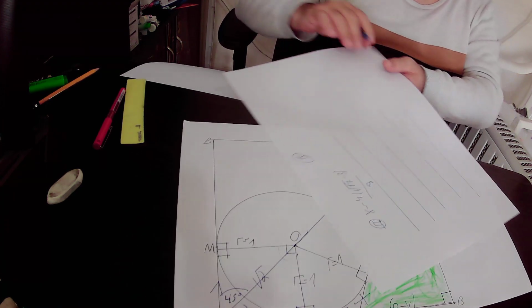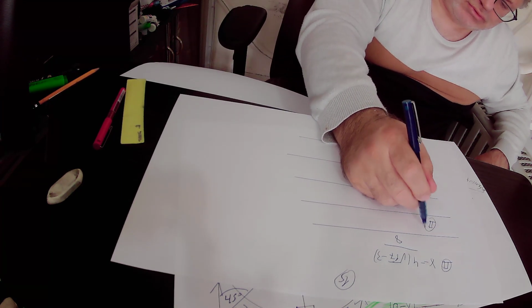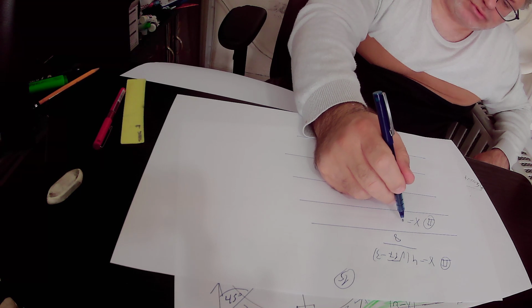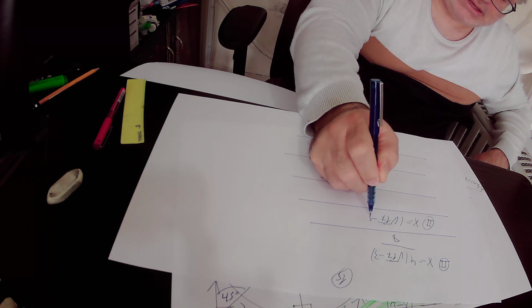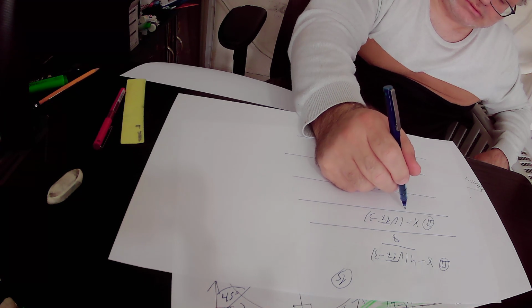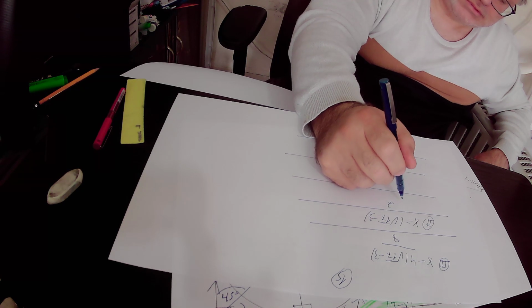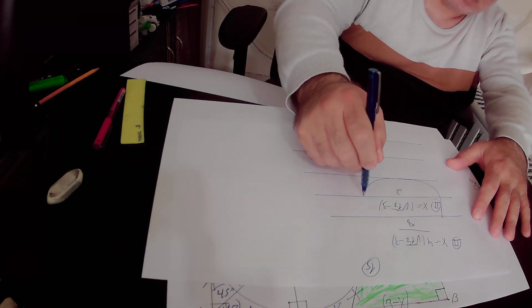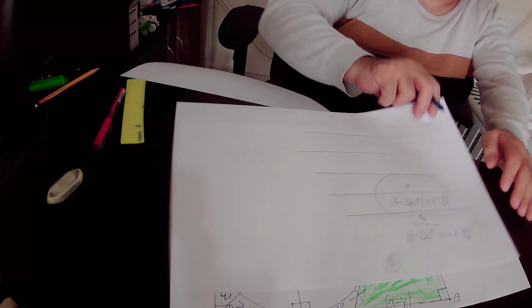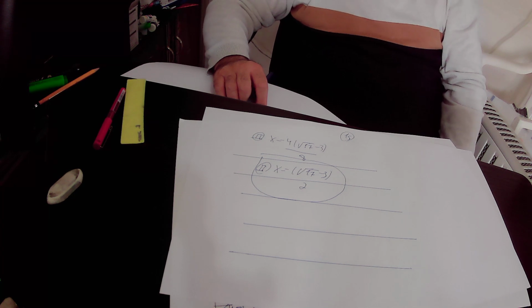So in conclusion, according to equation number 2, x equals to square root of 17 minus 3 over 2. Okay, so we actually found out that x equals to square root of 17 minus 3 over 2.